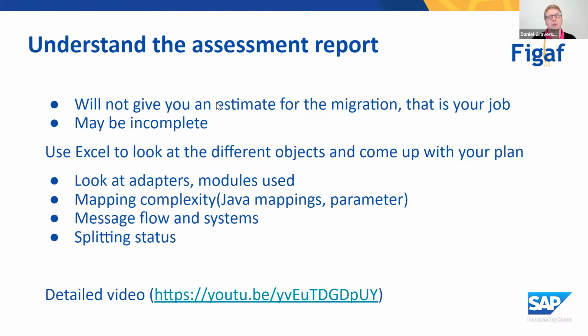We will allow you to estimate this yourself. And then the idea is that you will go through all the adapter modules, all the different mappings, and understand the complexity, and thereby figure out, can we migrate this or not, and what would be the different ways to handle this. But let me just show you what this report looks like.